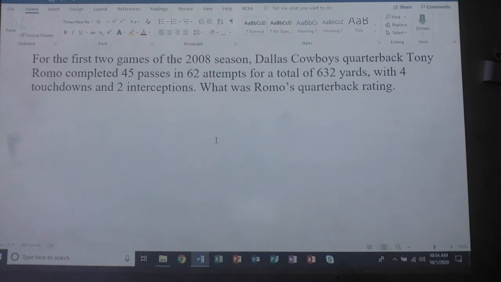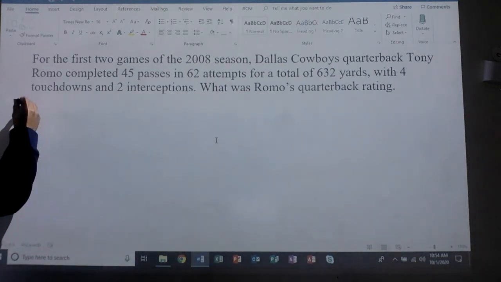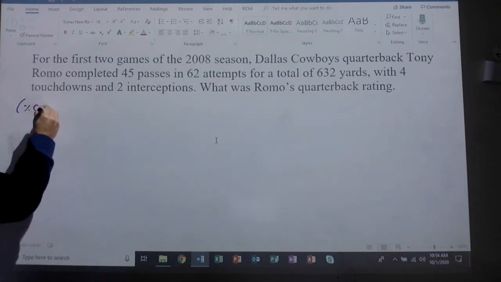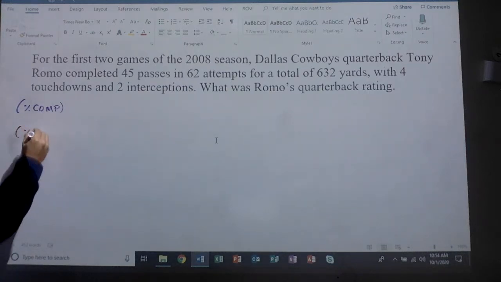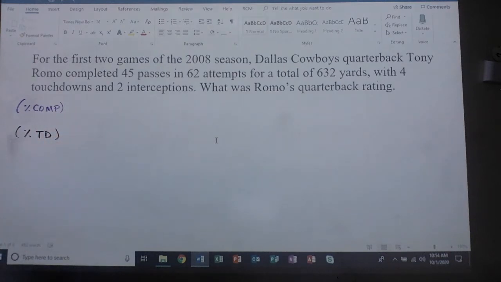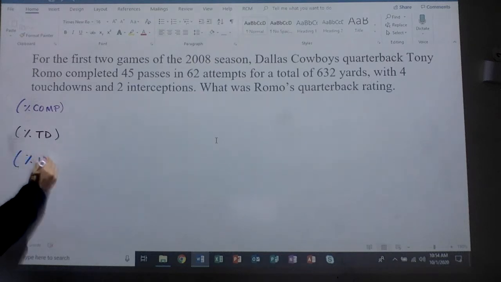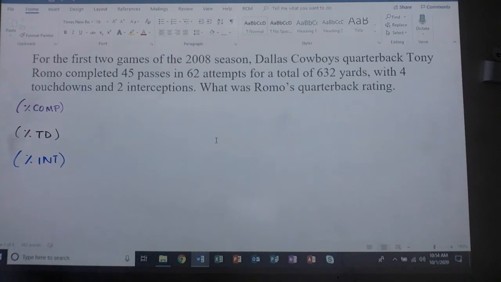I'm gonna write the things I need on the side. So that's what I'm gonna try to solve.